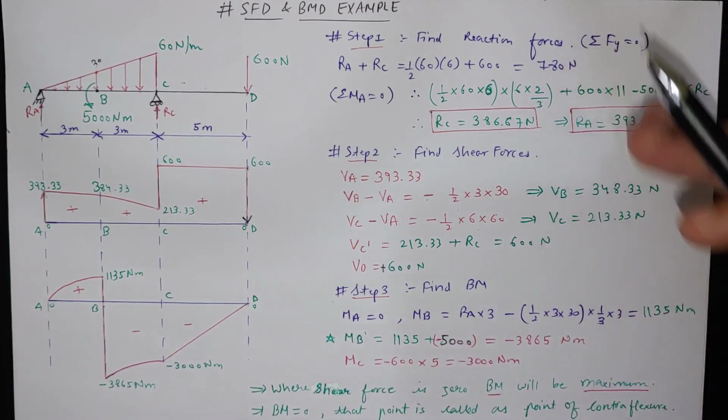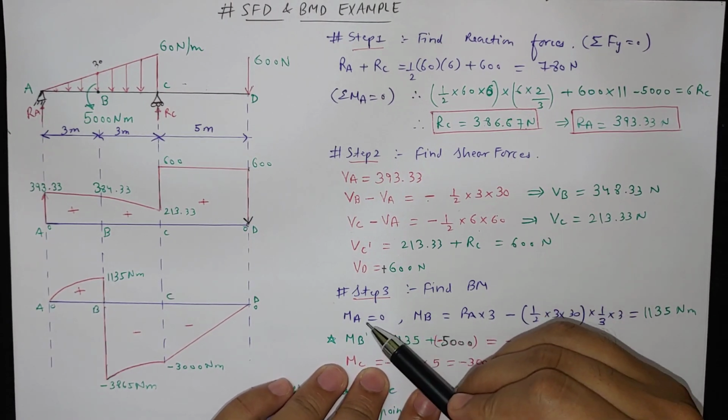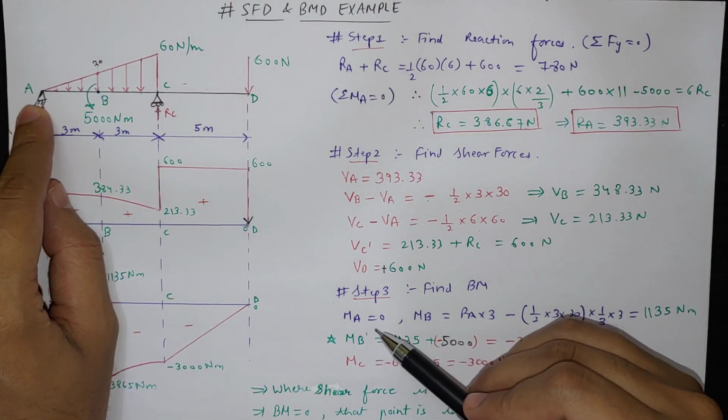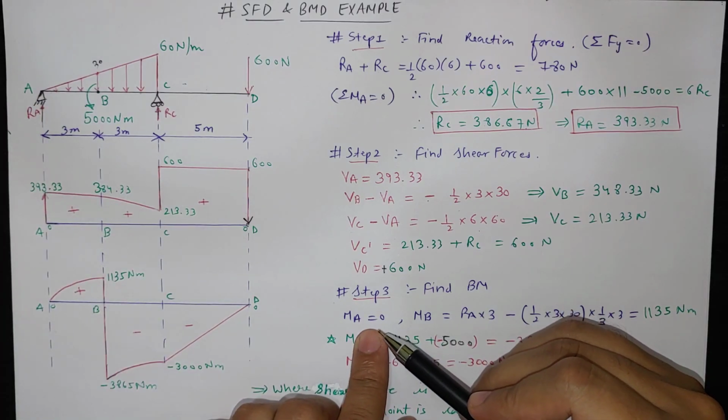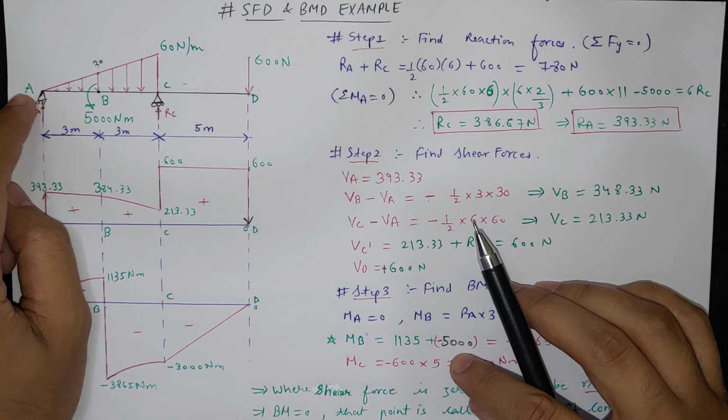Now the final step is finding the bending moment. At A point there is no bending moment because it's a pin support, simply supported.